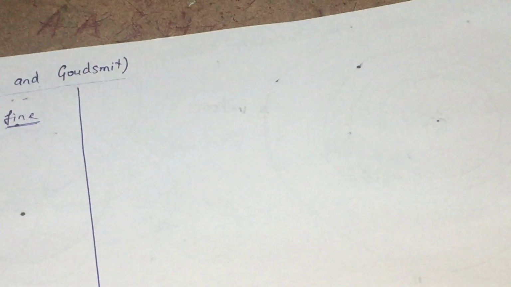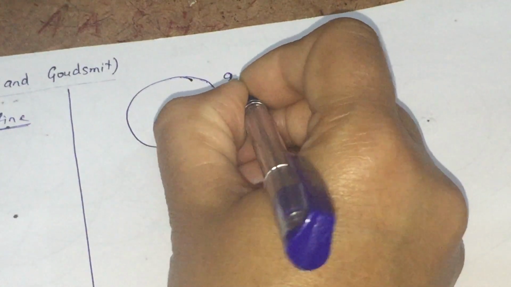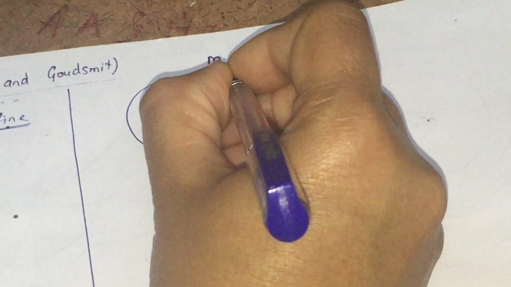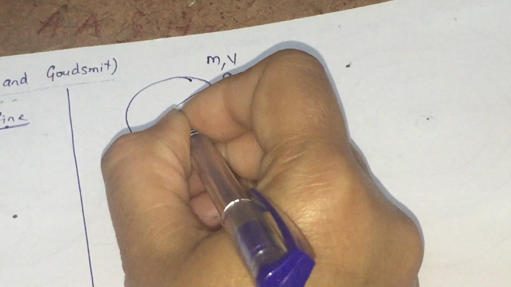As we know, if a charged particle is moving in a closed loop, let us consider a charged particle Q having mass m and velocity v, moving in a circular path with a radius of r.